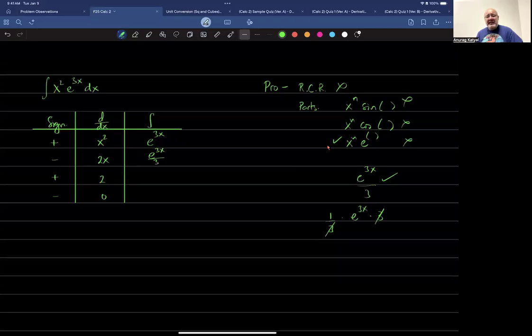And here is where you can actually start exploiting the pattern. The next integral will be another e to the 3x over 3. But there's already a 3 on the bottom. So this is going to be e to the 3x over 9. And then the next one would be e to the 3x over 9 times 3, which is 27.